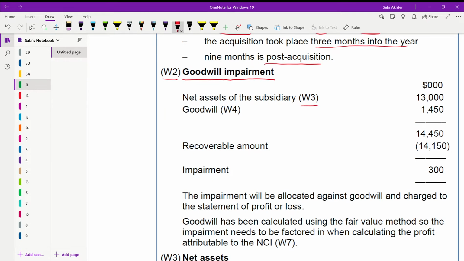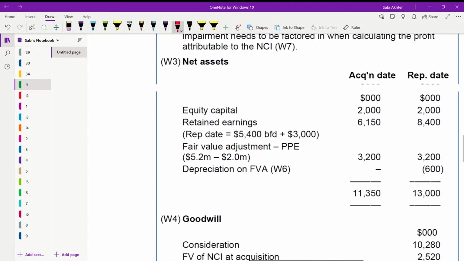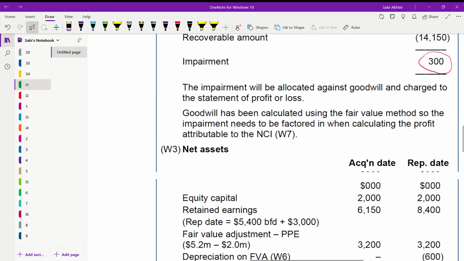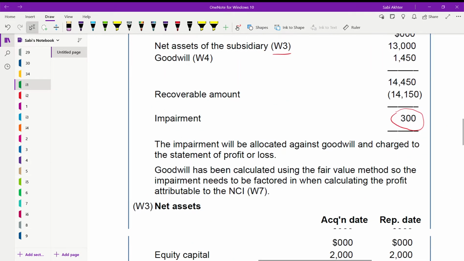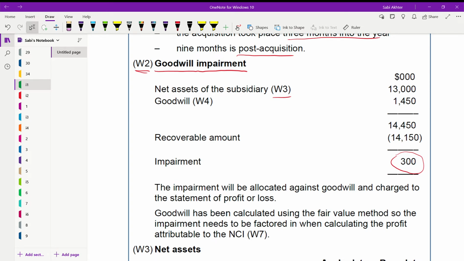The reason is that net asset will not go into your statement of profit and loss, right? It is the impairment that will go. That's maybe why they have calculated goodwill as working number 2. But whether you calculate this as working 2 or that as working 3, it does not matter. You can take it in any order. Goodwill can come first or net asset can come first, but let's follow this order.